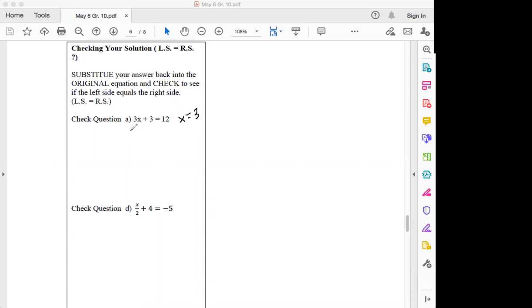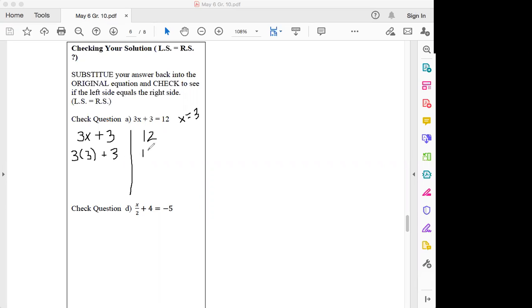Okay, so we're going to divide this in half. On the one side, we're going to have one side of the equation: 3x plus 3 is equal to 12. Where we have an x, we're going to replace it by 3. So 3 times 3 plus 3.